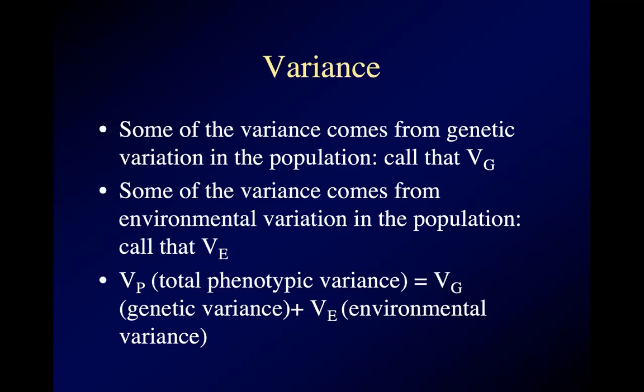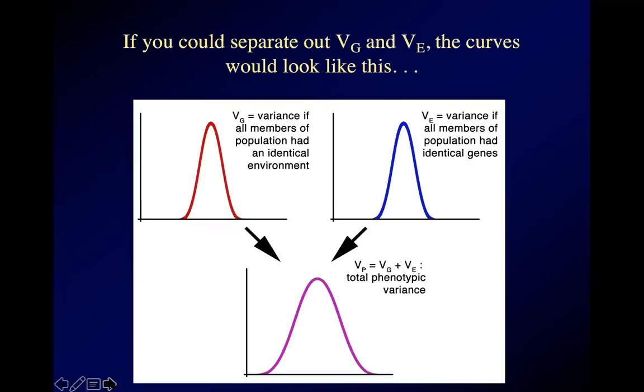You may not have been exposed to that much variance in environments because most students tend to come from an American middle class type background. But if any of you came from a very different environment than that, then some of the variance in height will correlate with the fact that you were raised in variable environments. And we can just think of the total phenotypic variance as the sum of genetic variance and environmental variance.